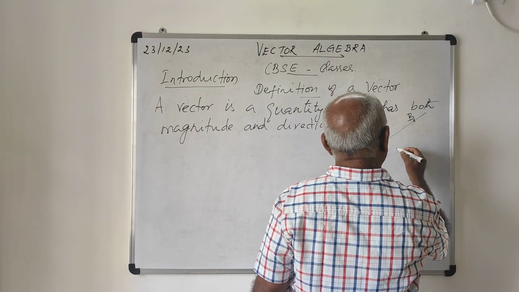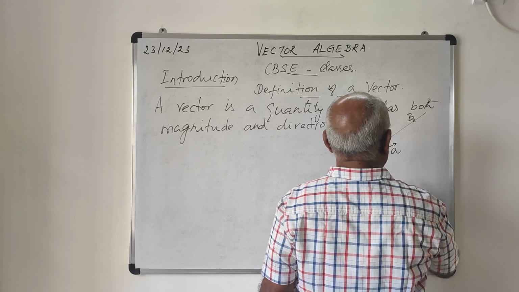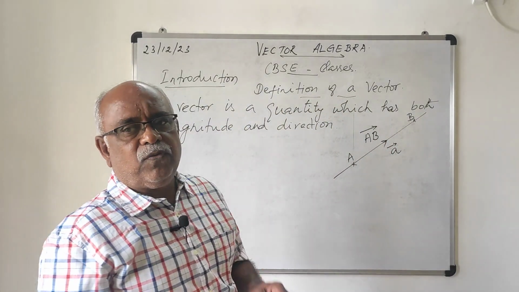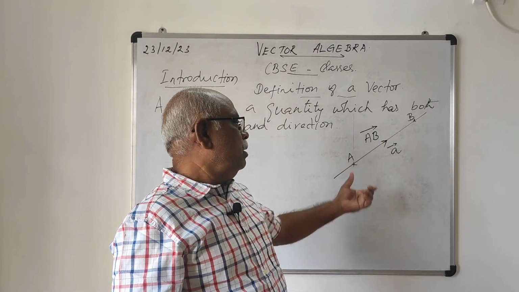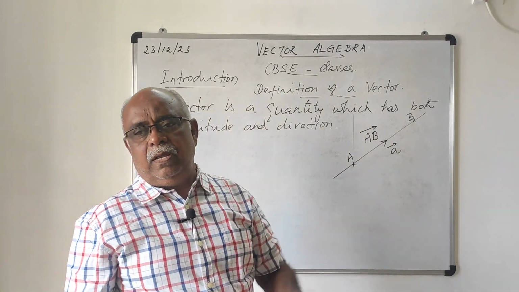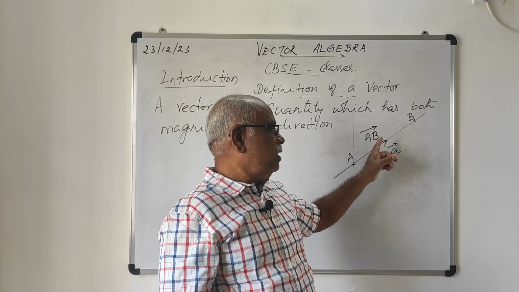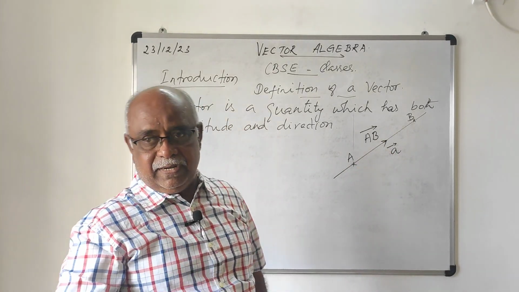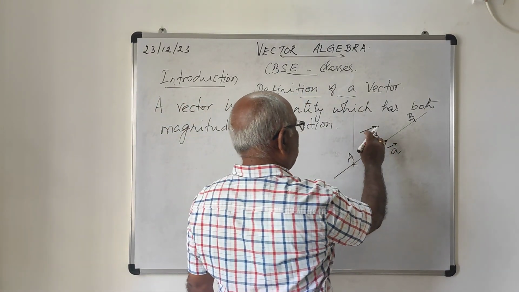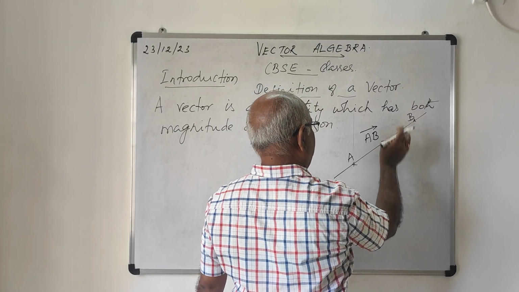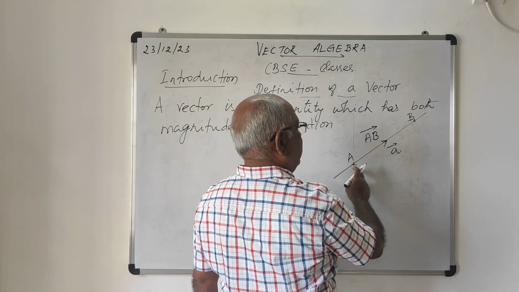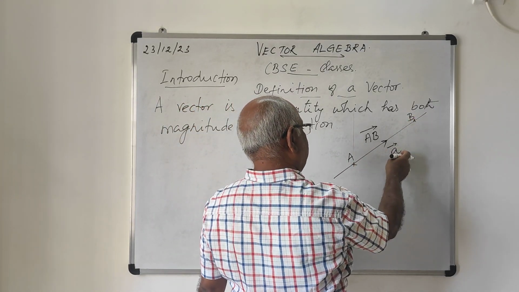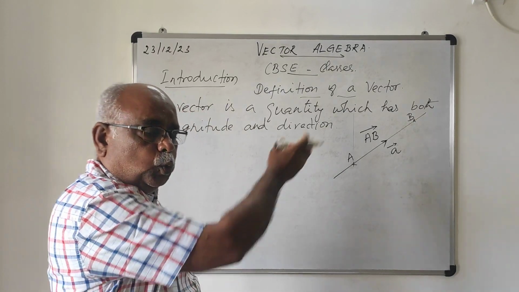This vector is also given by a single letter, a vector. If you define a vector in two letters, they should be capital letters, or a single small letter can also define a vector. This AB vector is also defined by the small letter a vector. A is the initial point, B is the terminal point, and the direction is from A to B.